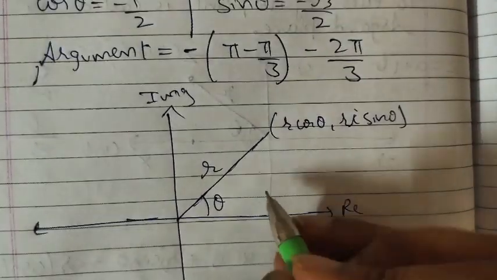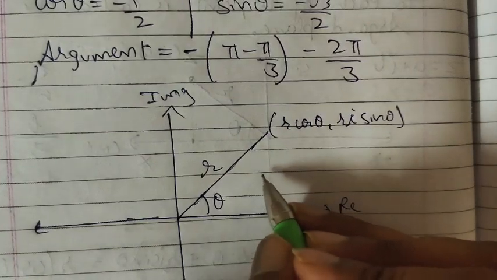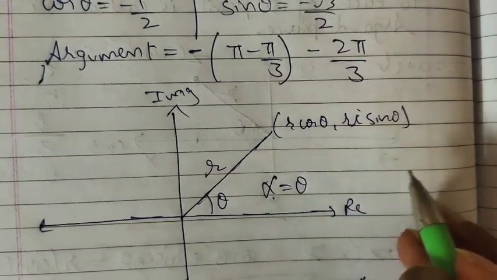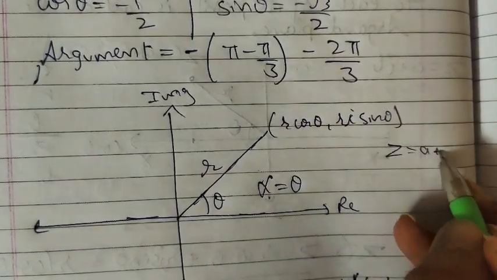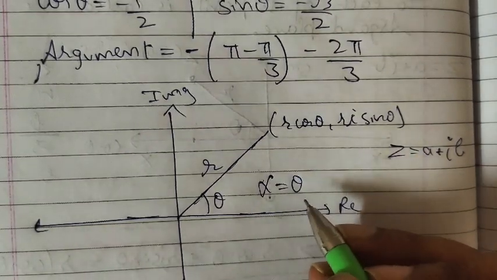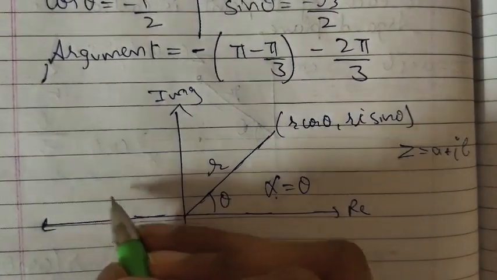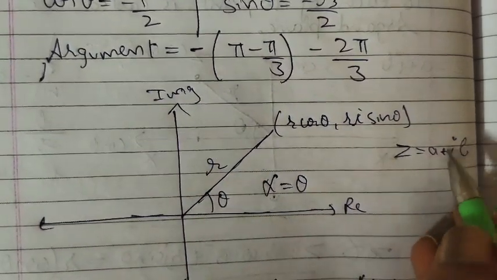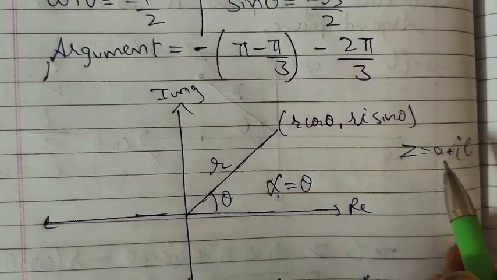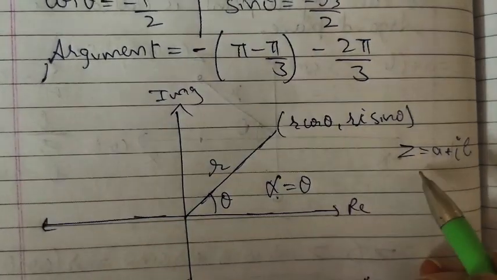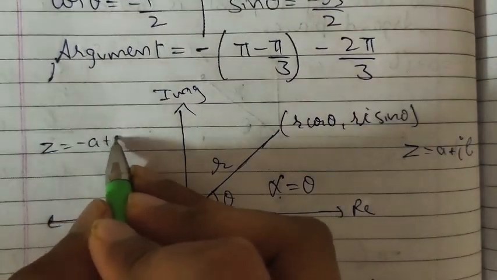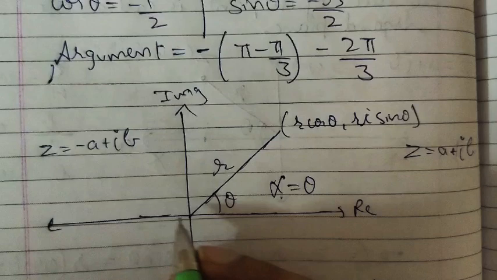Now in the first quadrant alpha will be equal to theta. In the first quadrant, if z is equal to a plus iota b, both are positive, so alpha will be equal to theta. If it is minus a, so z is equal to minus a plus iota b, then it will lie in the second quadrant.